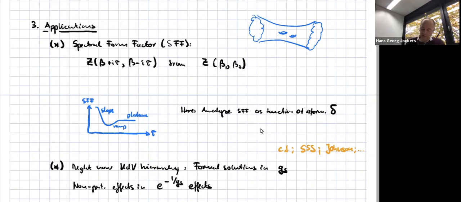And from a physics perspective, you need these effects. There's also a discussion, particularly by Johnson, about where these effects come from and what structure they have, and so on. But in our context, it would be nice for the physics application to get a handle on these solutions, including these effects, not just as formal solutions.